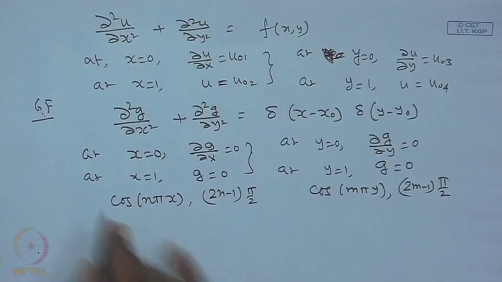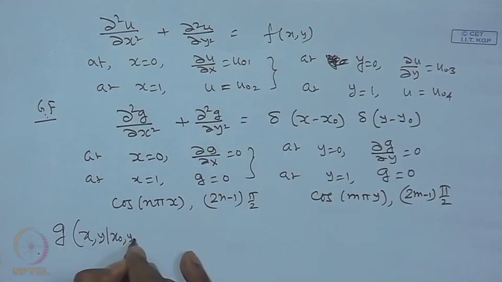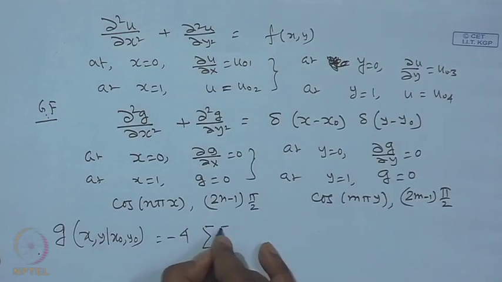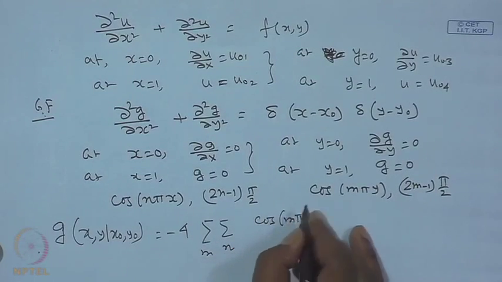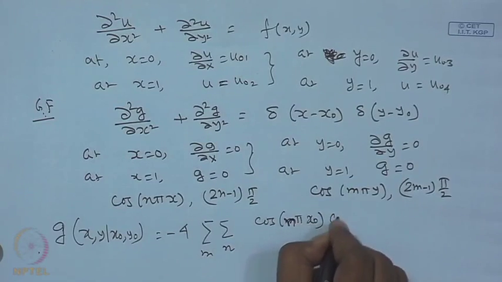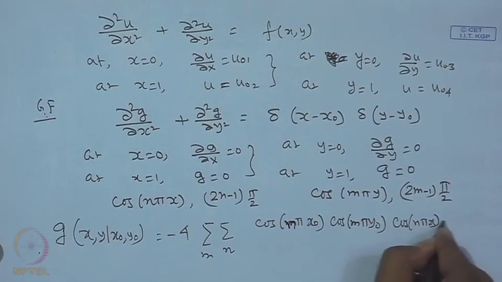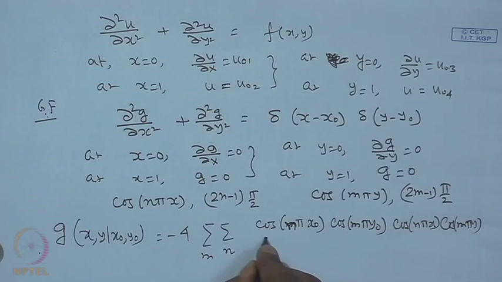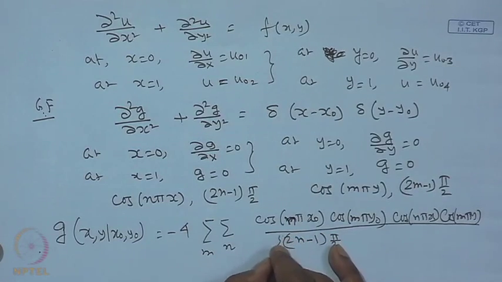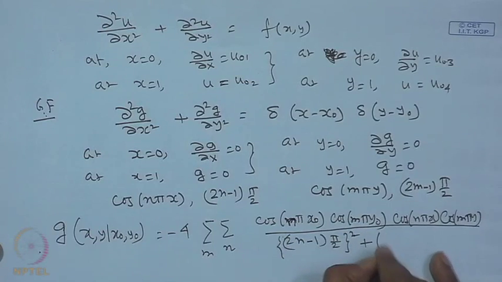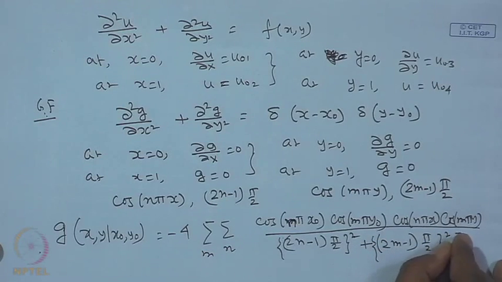So, therefore, g as a function of x, y, x naught, y naught should be minus 4 summation over m, summation over n, cosine n pi x naught cosine m pi y naught cosine n pi x cosine m pi y divided by [((2n minus 1) pi by 2) square plus ((2m minus 1) pi by 2) square], then bracket end.